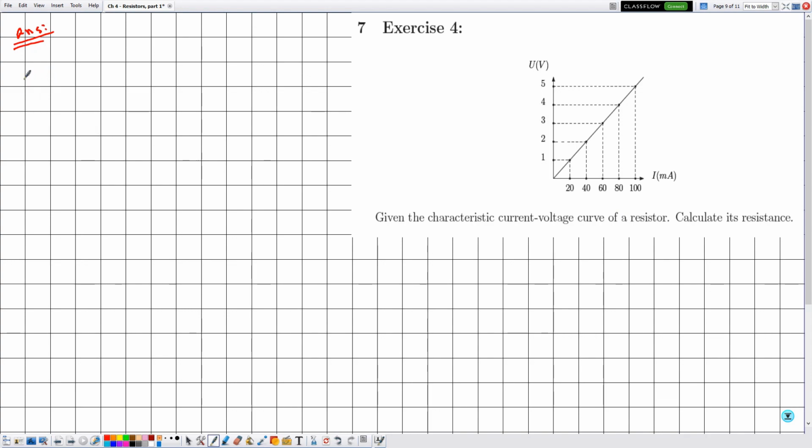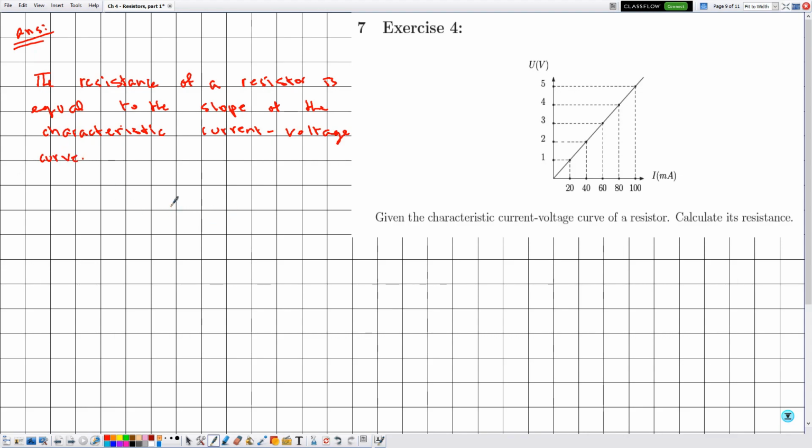So step number 1 is writing the definition, and the definition is given by the resistance of a resistor is equal to the slope of the characteristic current voltage curve.